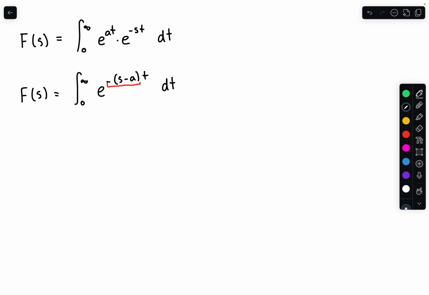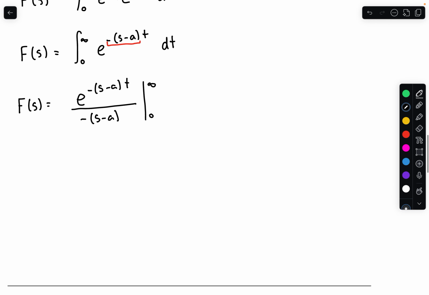And so the integral is very similar to the one we just did. And it gives us f of s is equal to e to the negative s minus a times t, all divided by negative s minus a, from 0 to infinity.